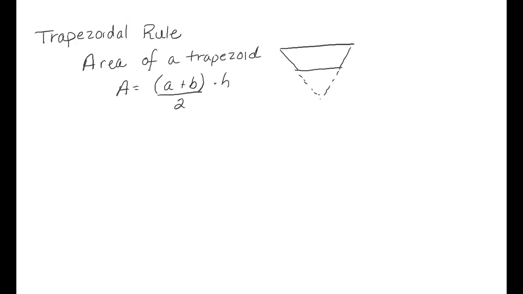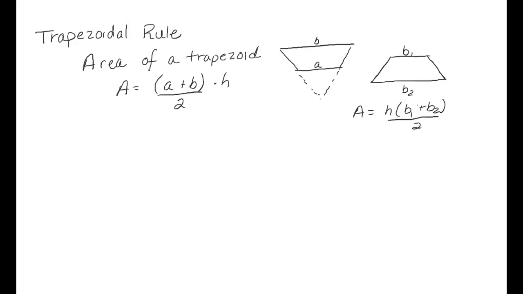A lot of times, Aaron was calling these A and B, but a lot of times they will label those as, and I'm going to turn my trapezoid the other way, base 1 and base 2. So we could write that as height times base 1 plus base 2 over 2.